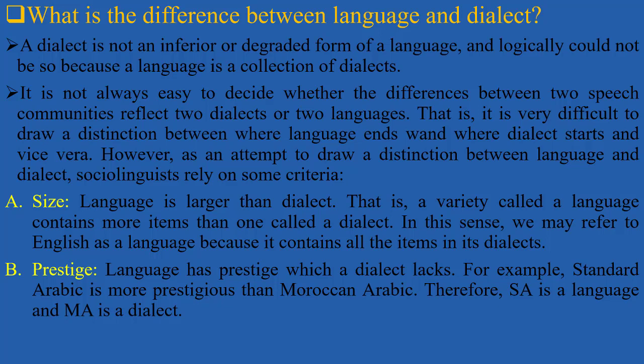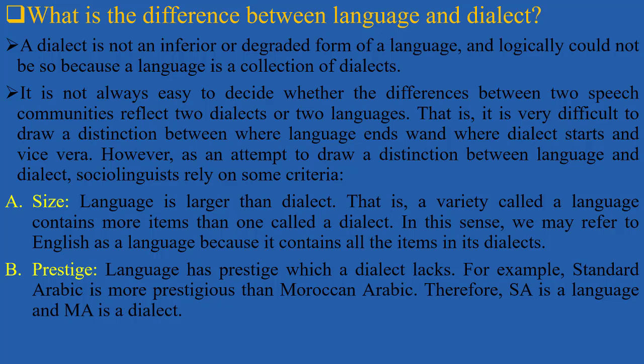For example, we talked about the New York dialect, Boston dialect, Denver dialect. So language is a collection of dialects and it has the items of all dialects. However, a dialect has only the items that are spoken by that certain group.